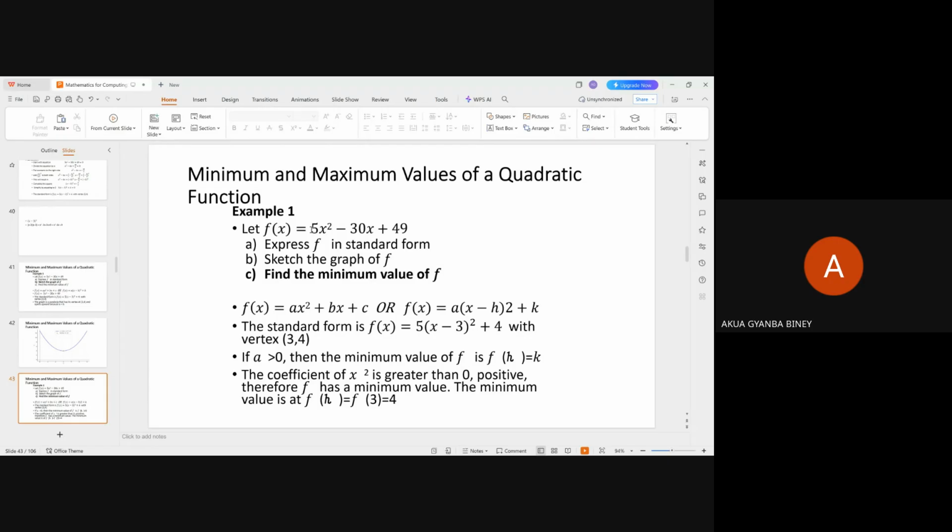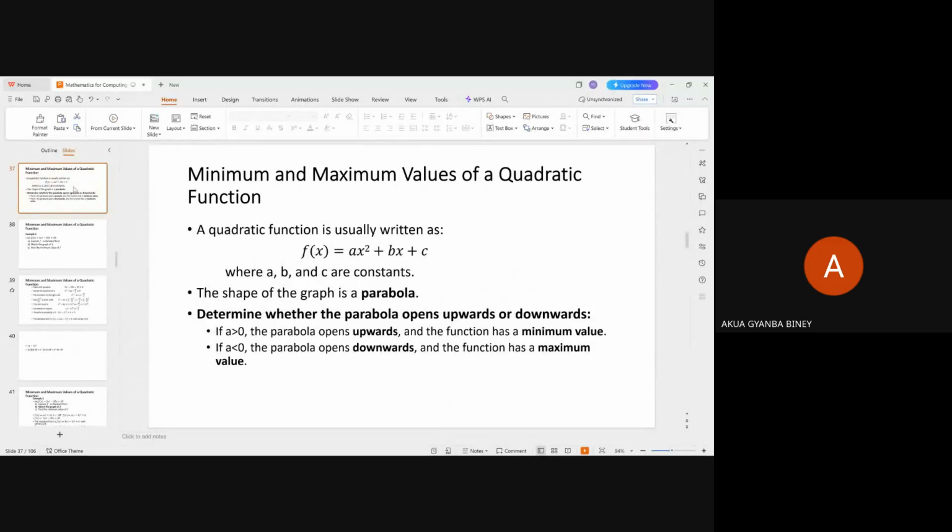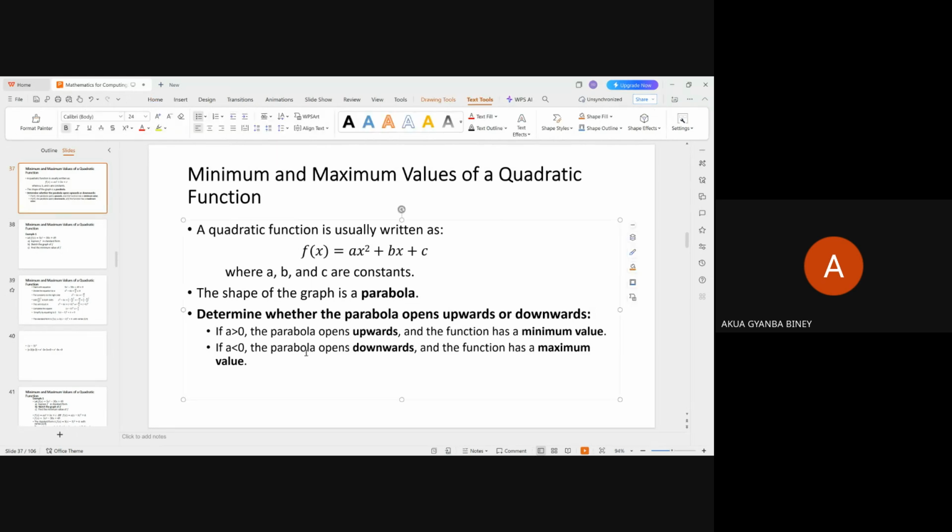If A was less than 0, you will get a maximum value. All of it is in the notes somewhere. If A is greater than 0, the parabola opens upwards and the function has a minimum value. If A is less than 0, then the parabola opens downwards, and the function has a maximum value.